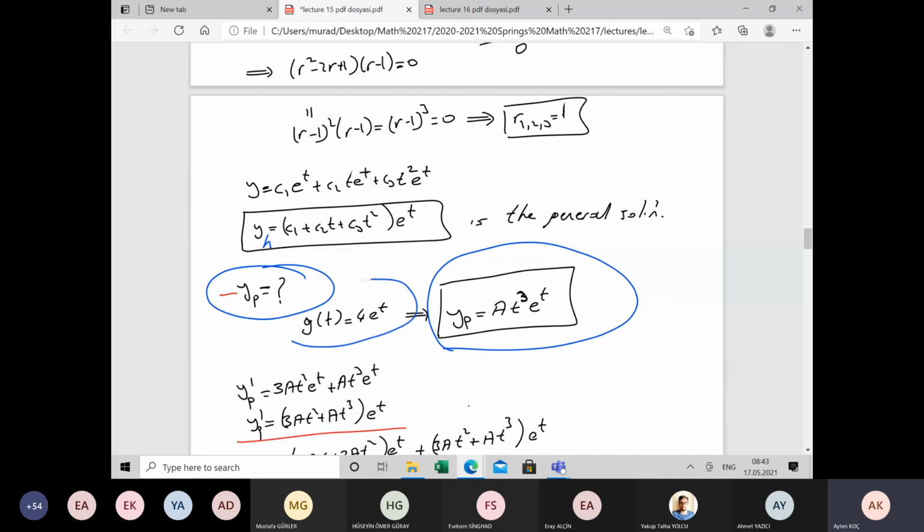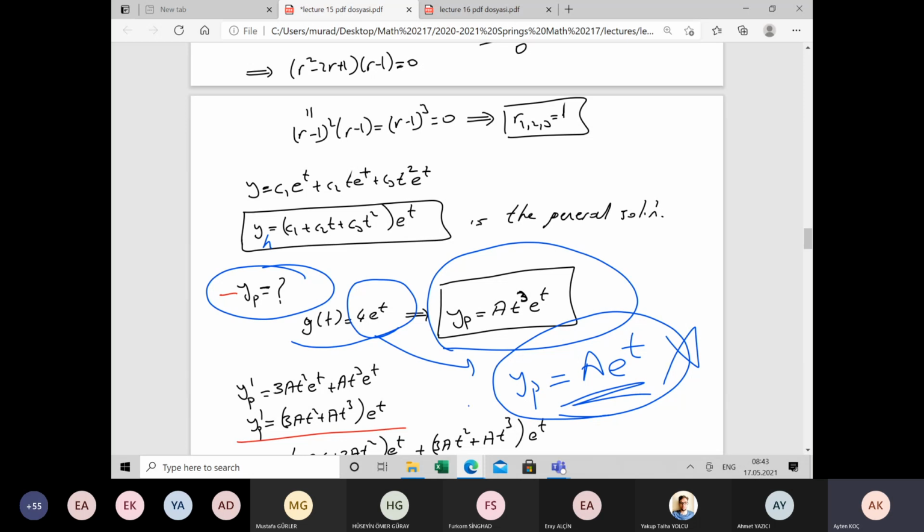This one is 4 times e to the t. So the particular solution should be of this form, a times e to the t. But be careful, this doesn't work. If we compute y prime and y double prime and so on and substitute into our differential equation, we get a contradiction, because it is not true.